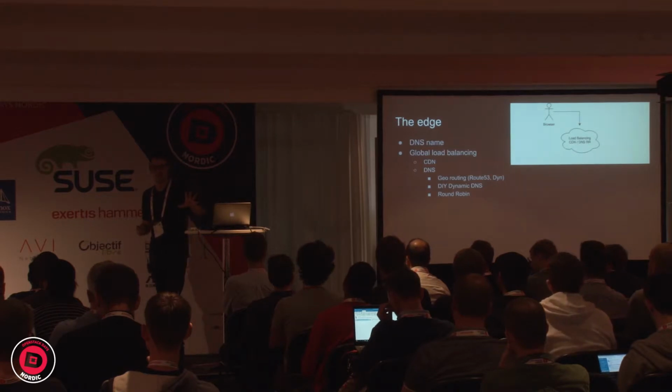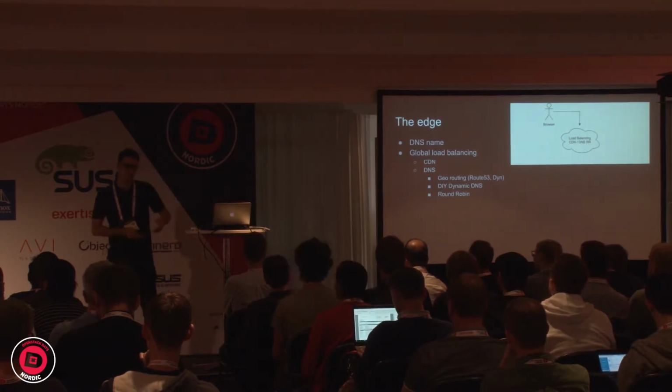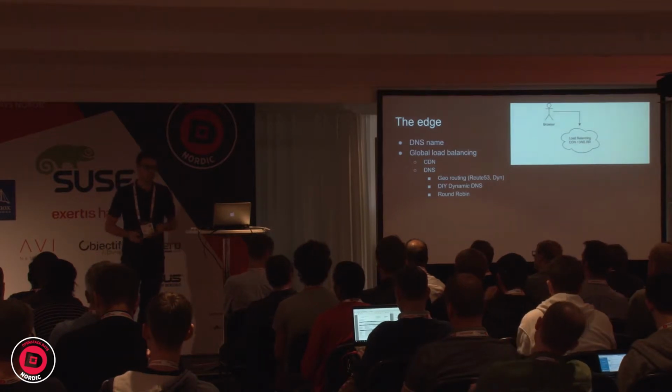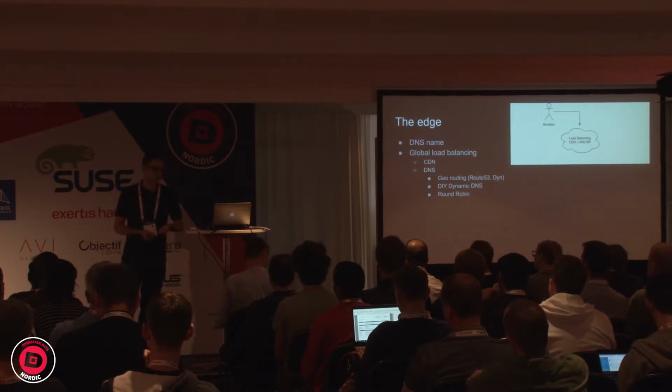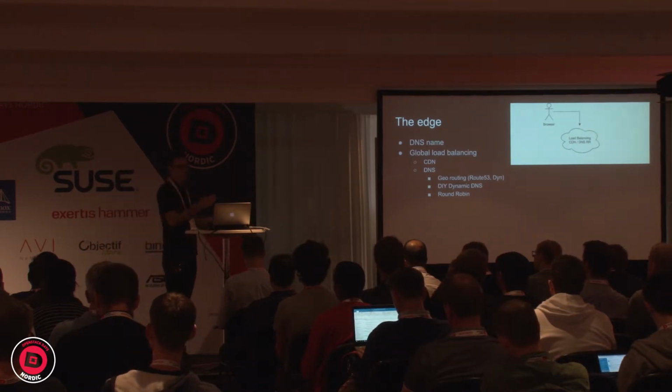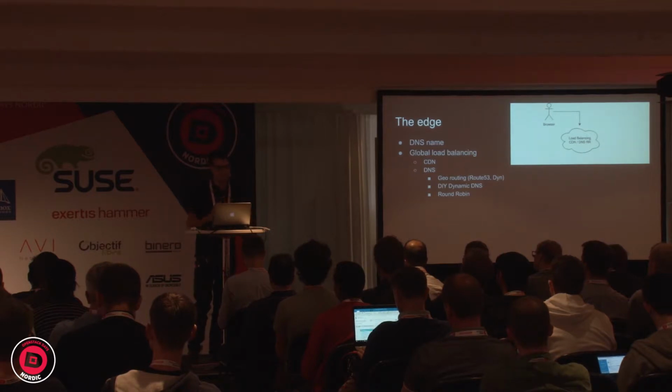We could go with a CDN, and you might already be using a CDN today, that's a content delivery network. If you do, then you can already leverage this to do global load balancing. If you don't use a CDN or don't want to for some reason, you could do some DNS configurations.